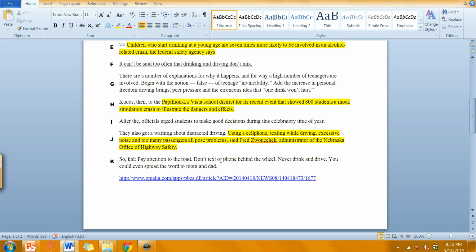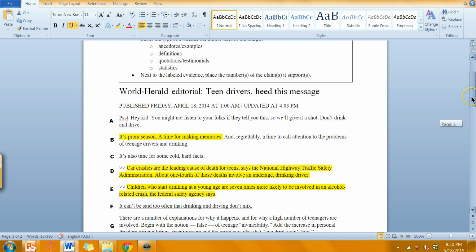And lastly, so kid, pay attention to the road. Don't text or phone behind the wheel. Never drink and drive. You could even spread the word to mom and dad. In the middle here, we see 3 related claims. And if you notice, much like an essay you write for English class, we have the thesis, the main claim right up here.